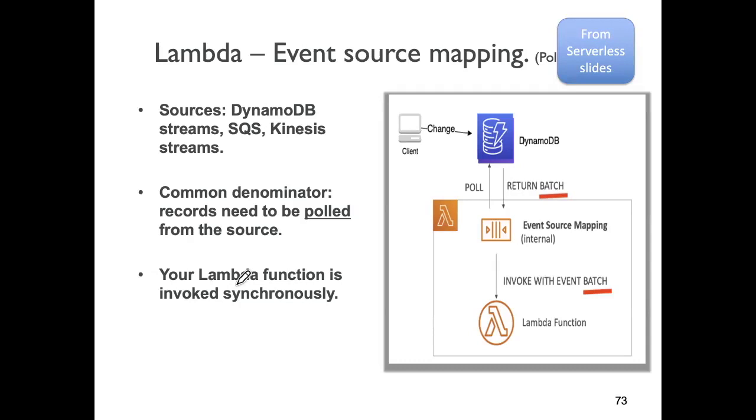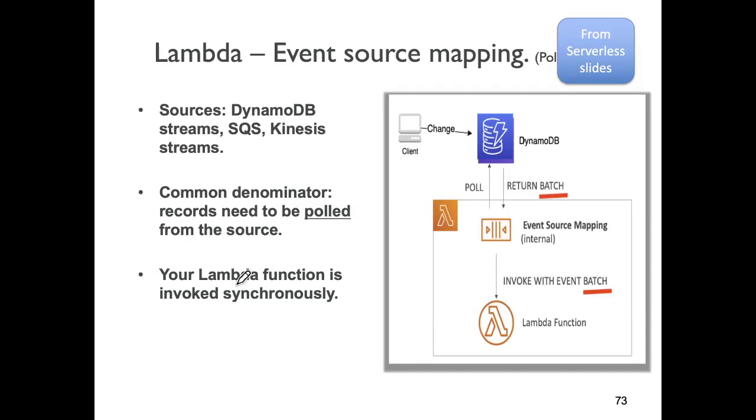It can be triggered synchronously, asynchronously, or the third option, which is kind of the odd one out, it's an event source. There's an event source mapping associated with it. In other words, the Lambda is polling the event source for events that would cause it to execute.